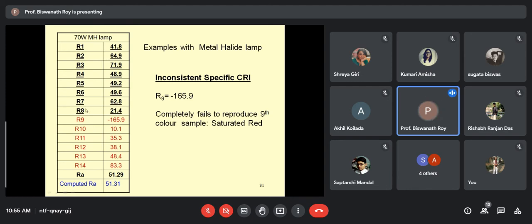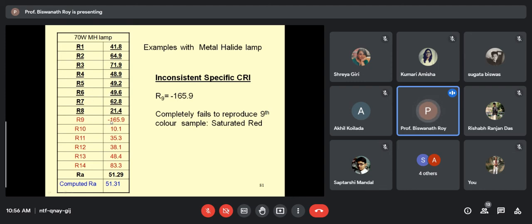In case of metal halide lamp, the Ra value is roughly 50, but see, the standard deviation is more. For R8 sample, the value is far below the average value, and this one is above the average value. So the mean value is 50, but the standard deviation is large. Why? The reason is very simple.